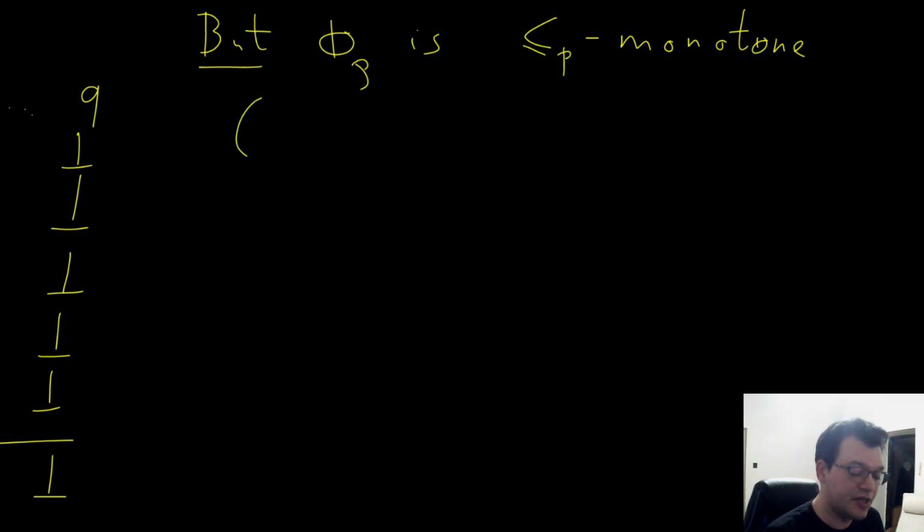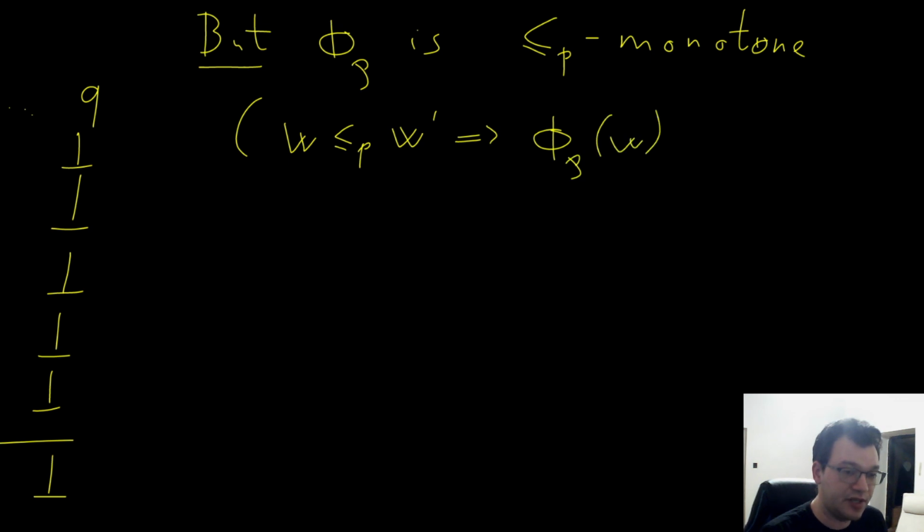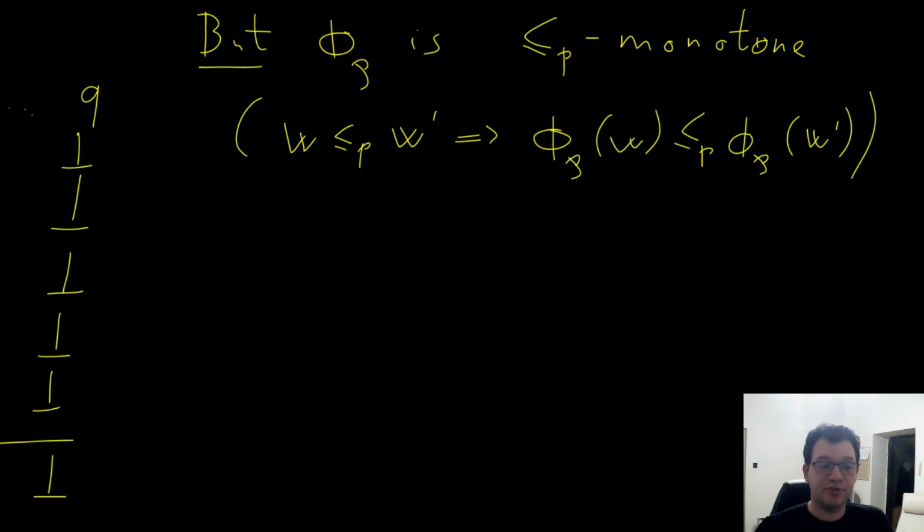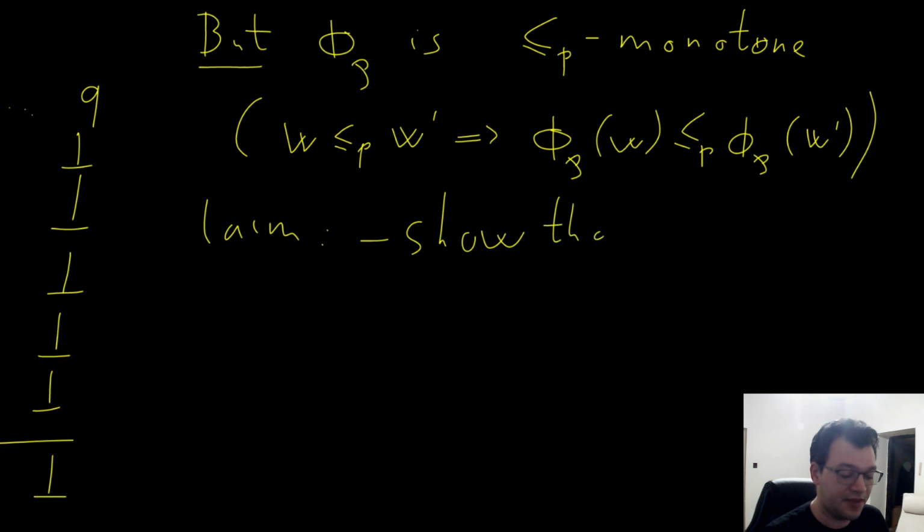So this means that if W is less precise than W prime, then the transformed variant of W is also less precise than the transformed variant of W prime. So that's what monotone means, and we will prove this. And our current aim is just this: show that it holds, so phi p is monotone.